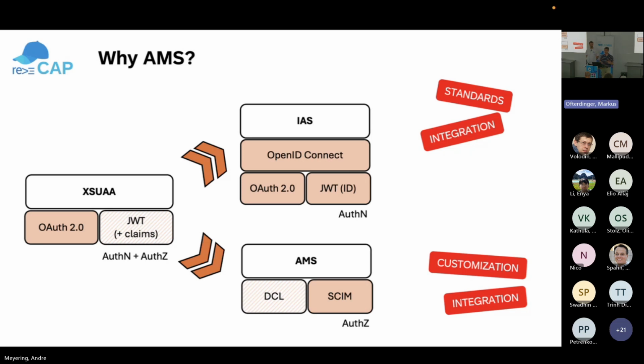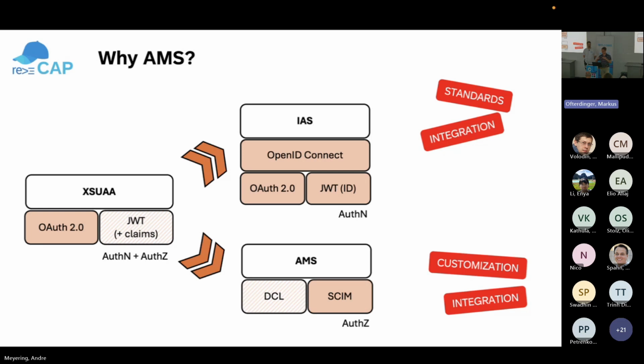But it also has some consequences. It builds on OpenID Connect. And due to that, the tokens issued by IAS, as given by the OAuth2 protocol, will not contain any authorization information anymore. As it used to be with XSUAA, you will not find any scopes or attribute values. It's just an ID token which can even be forwarded in the systems. So that's about standards and integration.